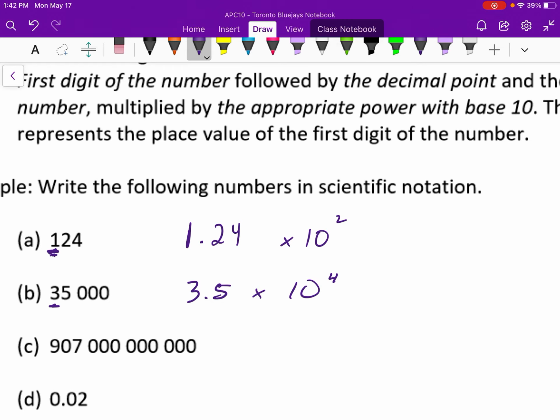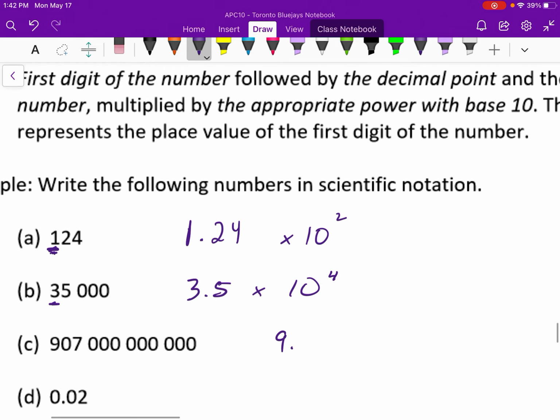Yikes, the next number is scary. But anyways, it's 9.07 times 10 to the power of, oh wow. I better start counting. 1, 2, 3, 4, 5, 6, 7, 8, 9, 10, 11. 10 to the power of 11.